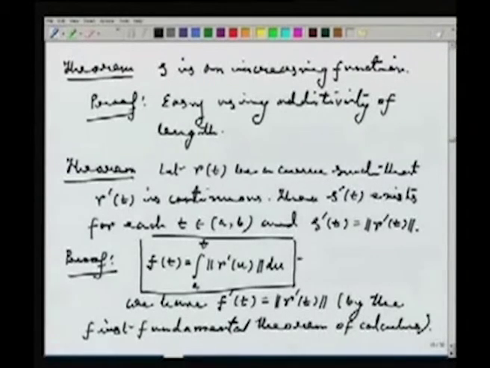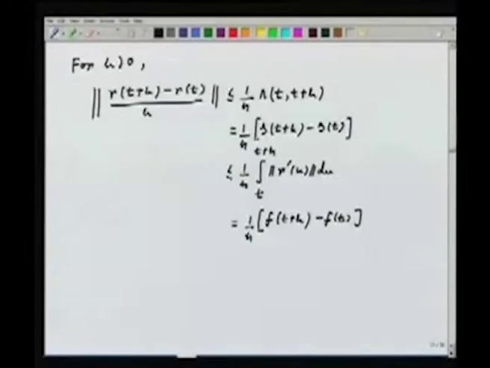From here it implies that f(t+h) minus f(t) is equal to integral t to t+h norm r prime u du. This is precisely what I have applied.